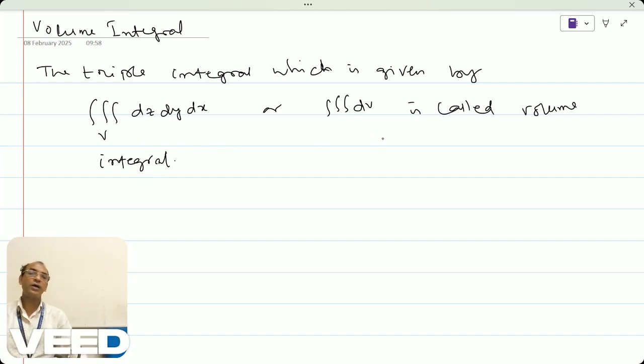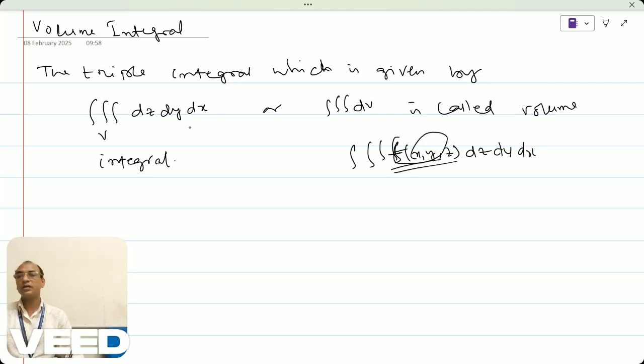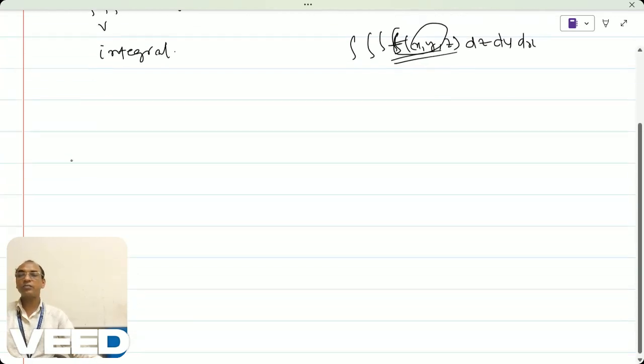If I have a triple integral of f of x, y, z dz dy dx, then it is no more volume integral, it is called triple integral. But when this f is equal to 1, then we say it is a volume integral. Now we will take some examples on volume integral.